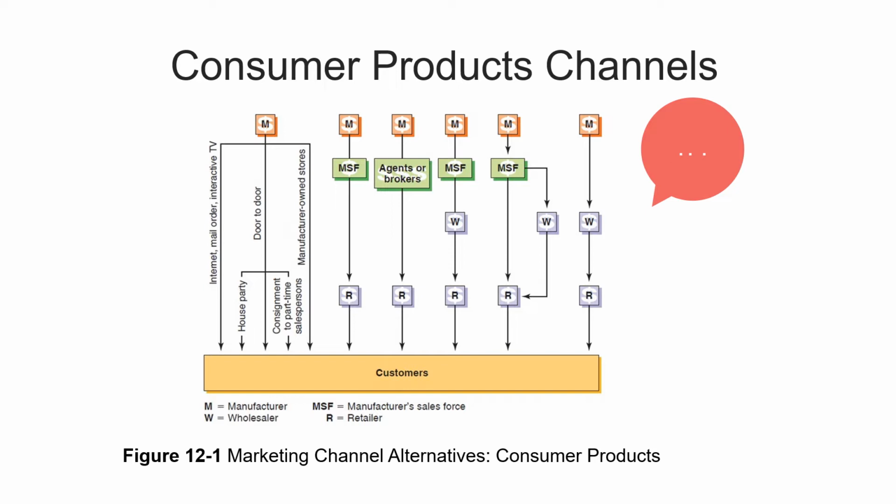The first alternative is to market directly to buyers via the internet, mail order, various types of door-to-door selling, or manufacturer-owned retail outlets. The other options utilize retailers and various combinations of sales force, agent, broker, and wholesaler.